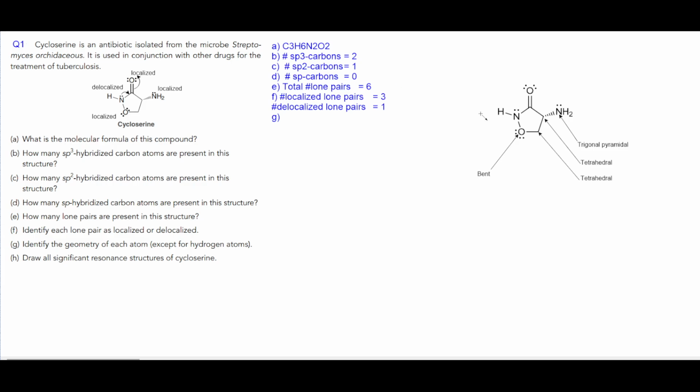If you consider it to be sp2 hybridized, then that would be trigonal planar geometry. Now, if you consider this to be sp3 hybridized, then you cannot delocalize this lone pair of electrons onto the pi bond.